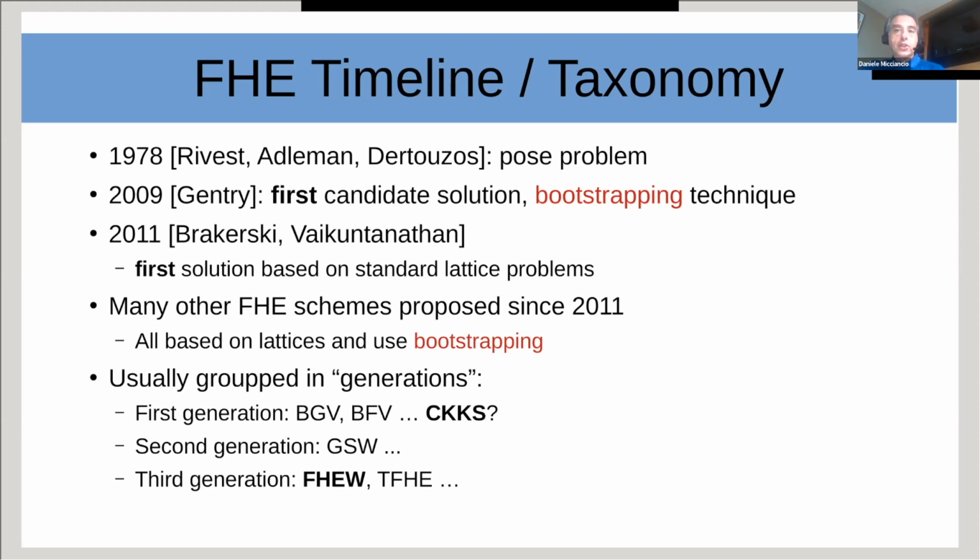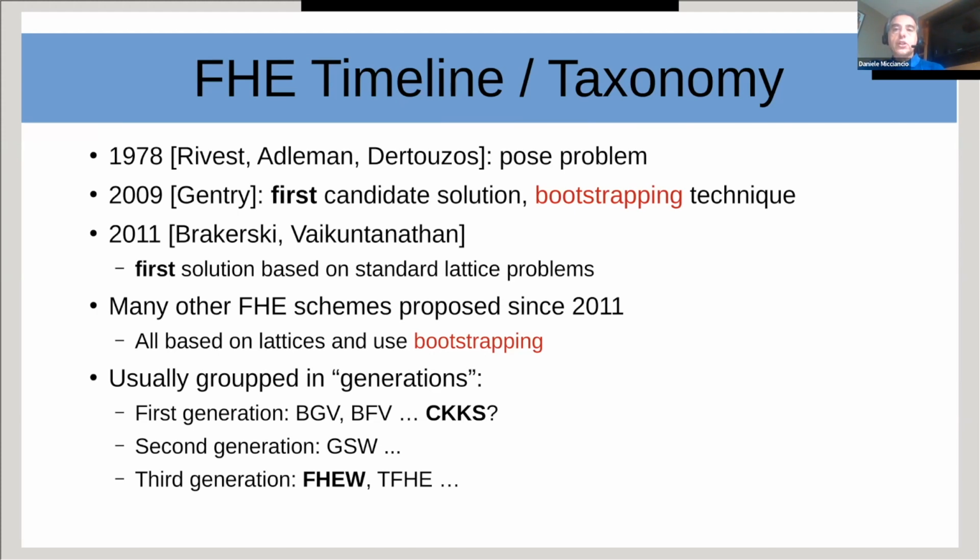And the first generation of encryption schemes, starting with the schemes of Brakerski and Vaikuntanathan and the BGV scheme with Gentry and variants, performed multiplication by tensoring. So taking tensor products was key to perform multiplication.